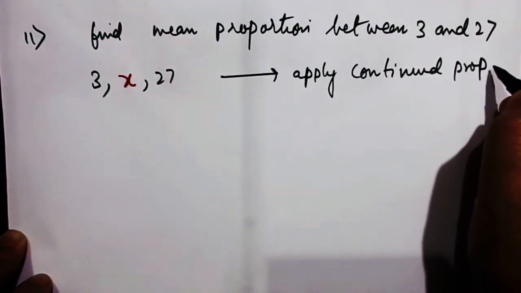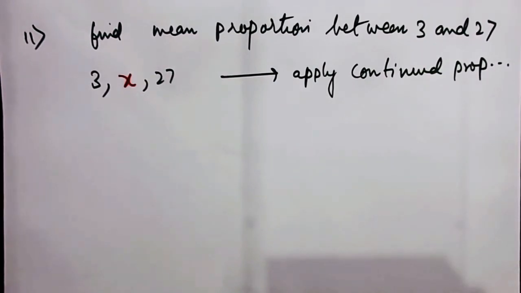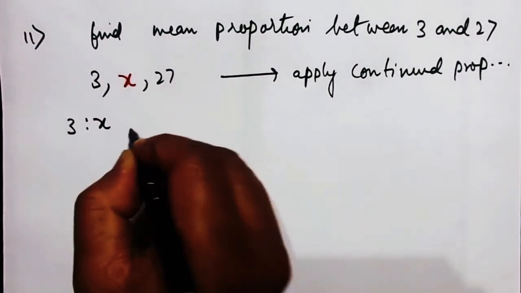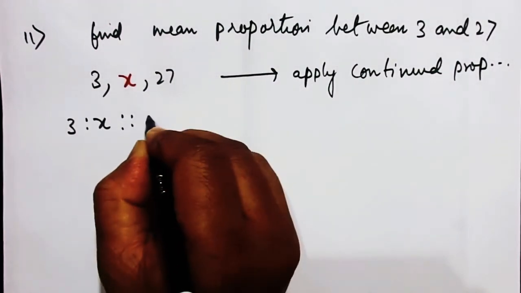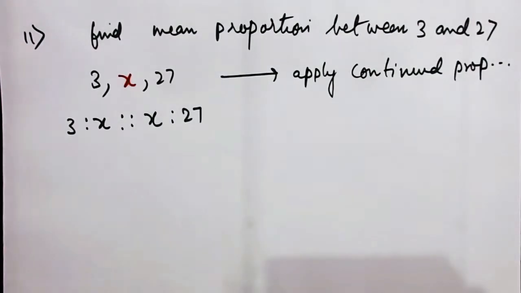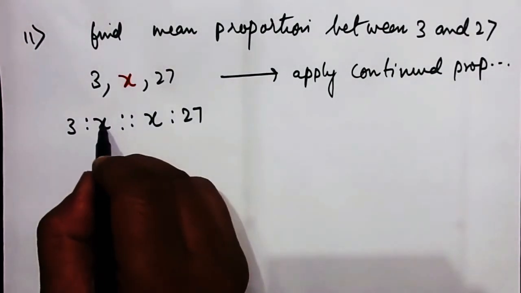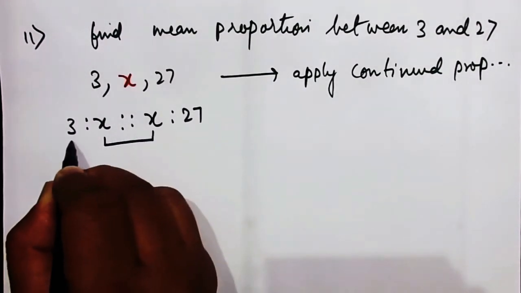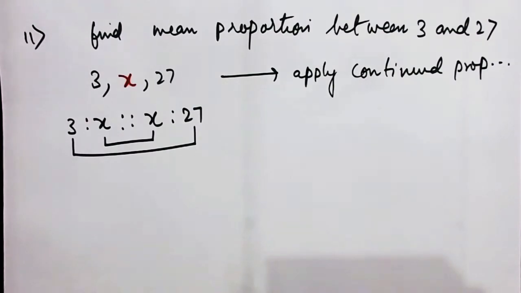So when you apply continued proportion, the ratio of the first and the second will be in proportion to the second and the third. Therefore, once again, x times x, these are the means and these are the extremes.